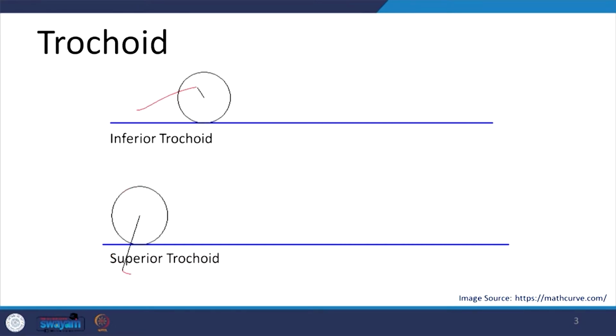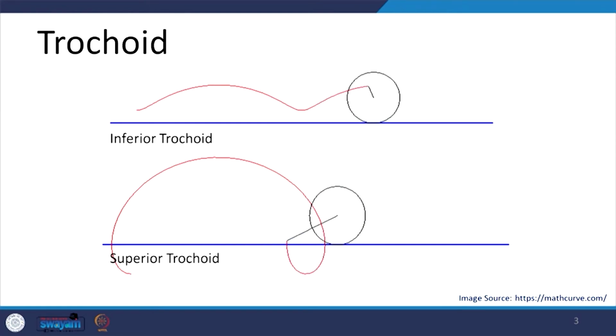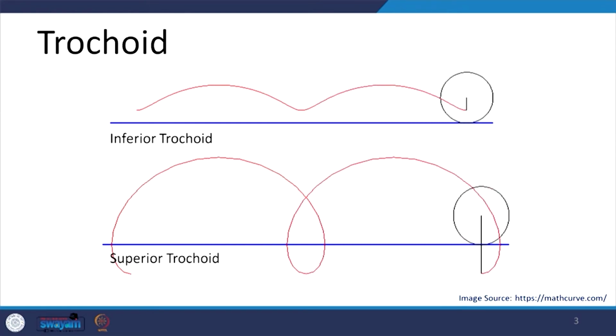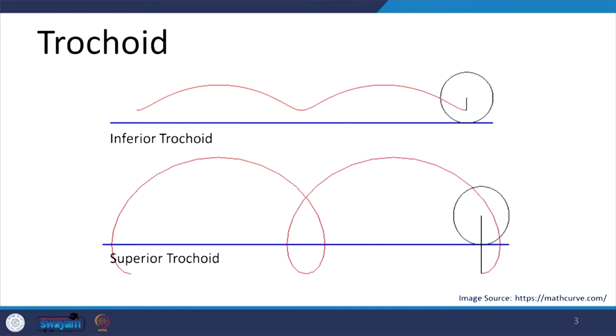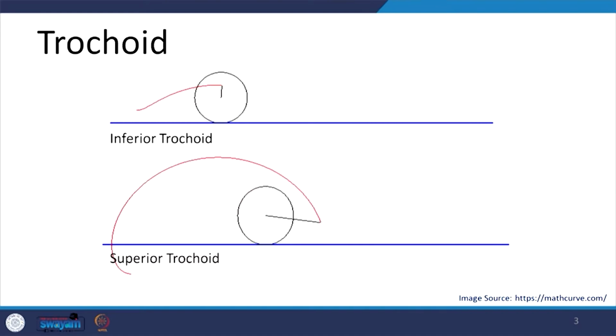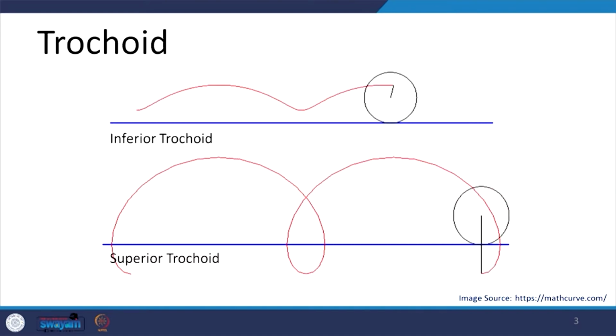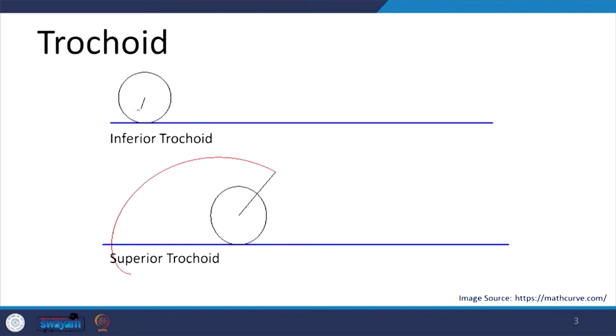It need not be on the circumference. This is called inferior trochoid. If the point is outside, then the path which is traced by that point as the circle rolls along the straight line is called a superior trochoid. This is similar to cycloid, but this is by a point which is not on the circumference. The prime process of construction remains the same.